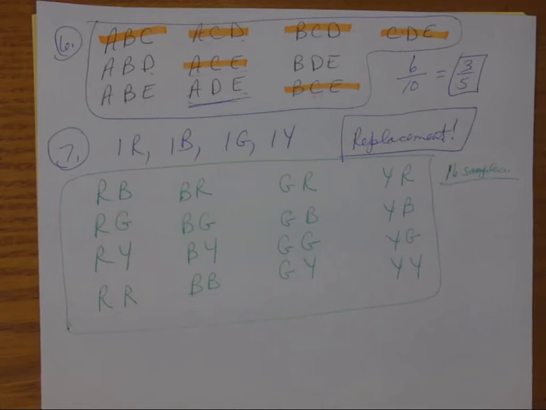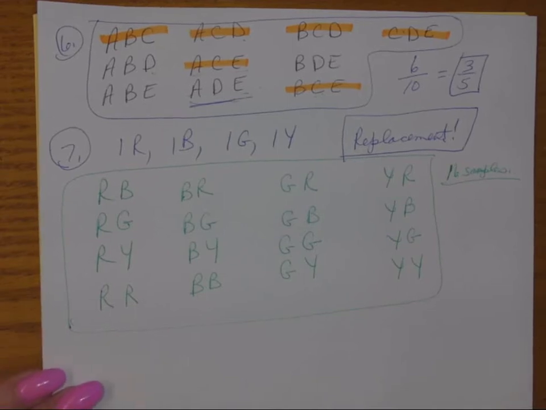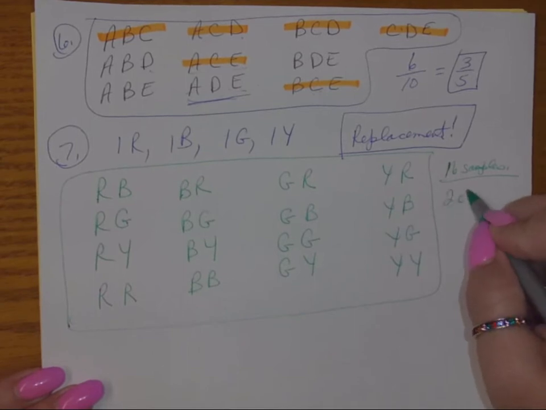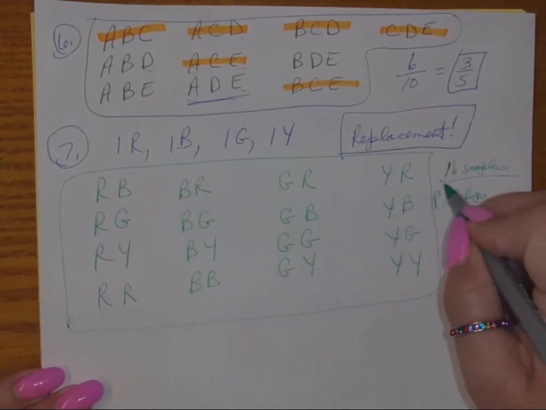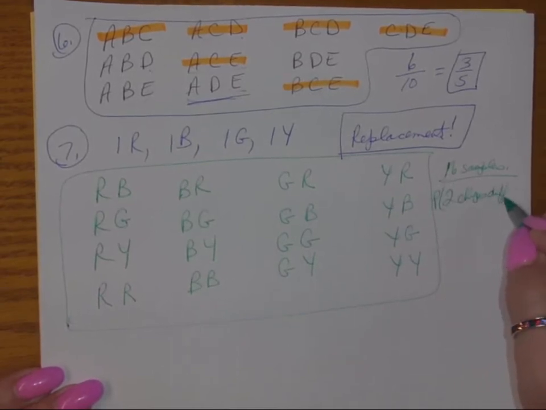Remember they said red-blue represents the outcome that a red chip is followed by a blue chip. Use your list to determine the probability that the 2 chips selected are different colors. Okay, this is what we're after.